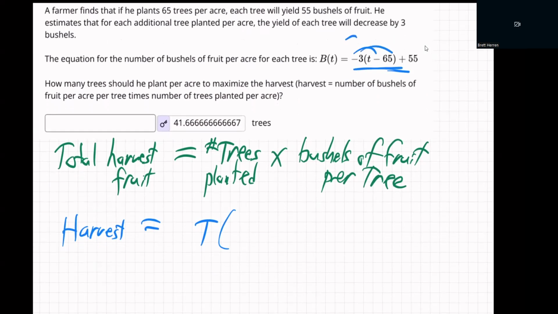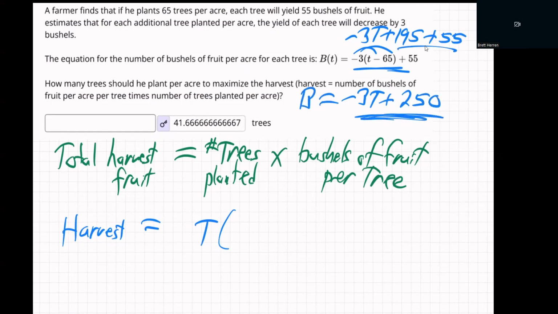This will be minus 3t plus 180 plus 15, 195 plus 55? Did I get that right? And so then I'm going to combine these. That'd be 250. So the B formula, cleaned up a little bit, is that right there.